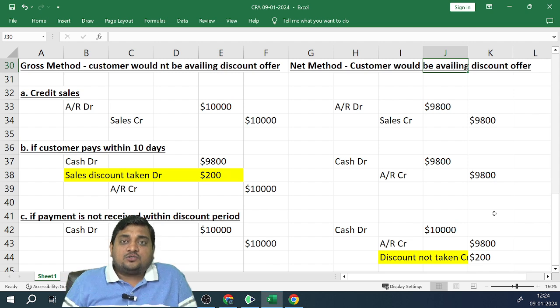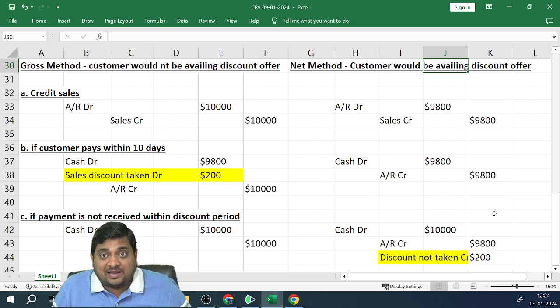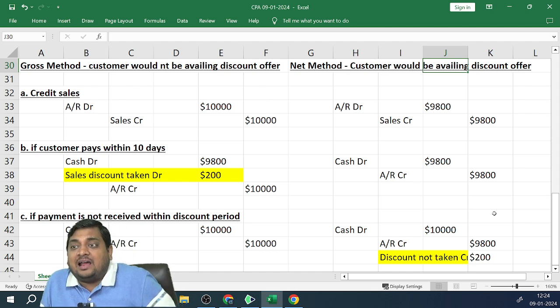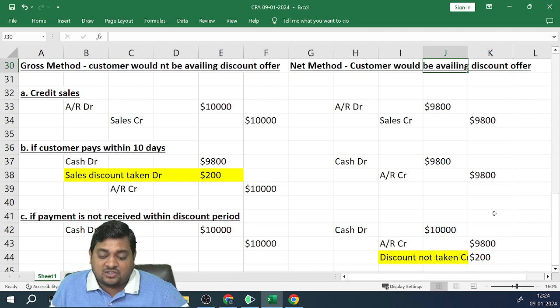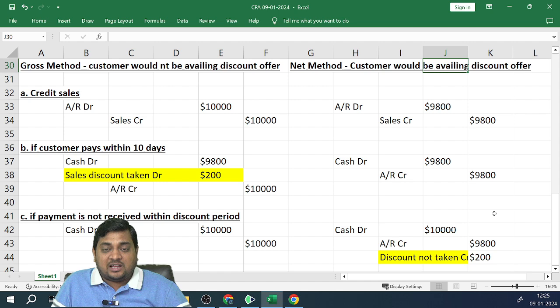Right, so this is very simple. Trade receivable will be shown in the balance sheet, if the amount is not yet collected, at NRV. It means we need to do adjustment for sales return, discount, and allowance for uncollectible debts, right? If on the balance sheet date you have any probability that some portion of the debtor won't be collected, or the customer has filed for bankruptcy, then it's a clear-cut indication that a portion of the debtor will not be realized. So you need to create an allowance for that.